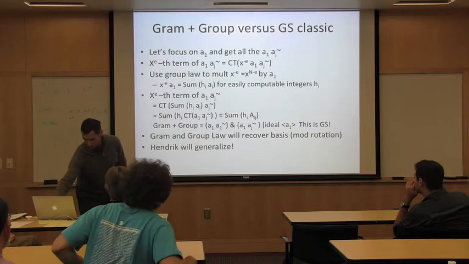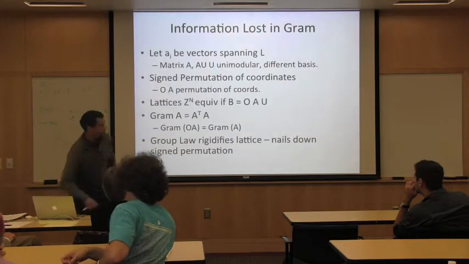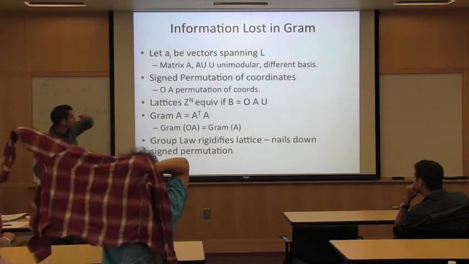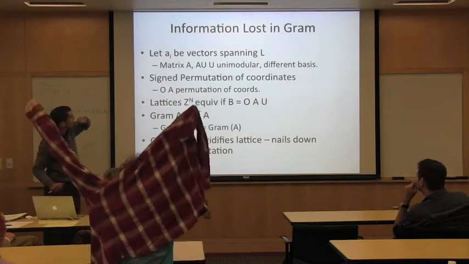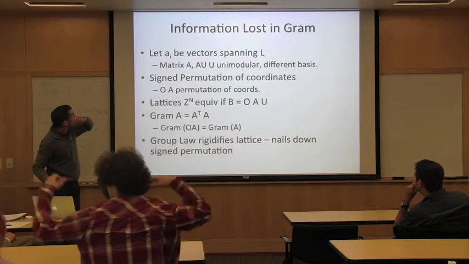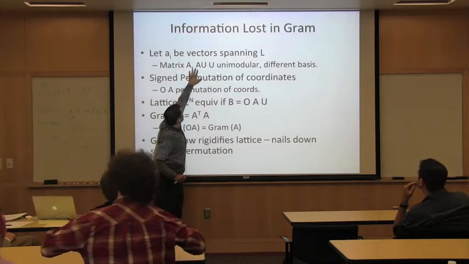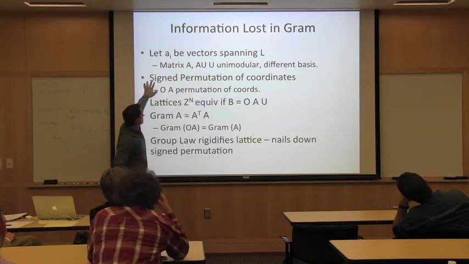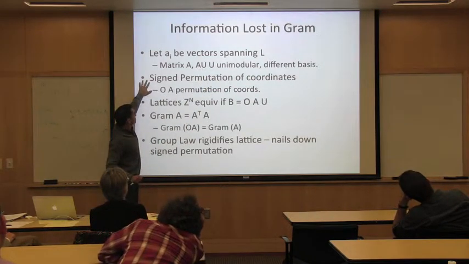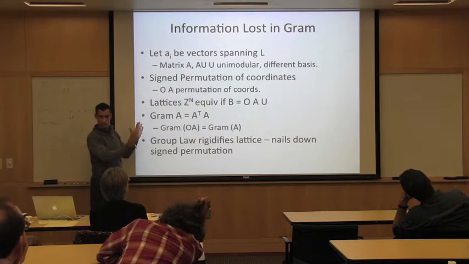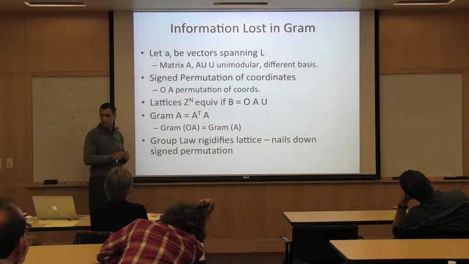Then I was just mentioning that you also lose information in the Gram matrix. If you've got these a_i vectors that span a lattice L, you've got a matrix A, and A times a unimodular matrix is just a different basis. The Gram matrix also loses other information, because if you switch the first coordinate with the second coordinate, all those inner products come out the same.